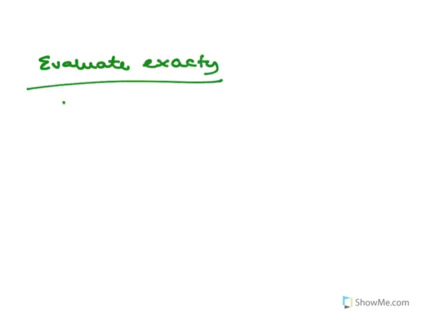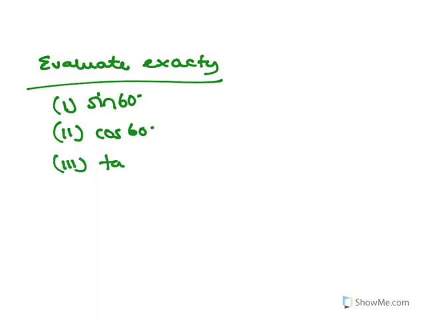So how that affects things: if I wanted to evaluate, and we're going to do it exactly, so we're looking at exact values first. So sine 60, cos 60, tan 30, and let's go cos 45. And then I'm also going to do some of the reciprocal ones.